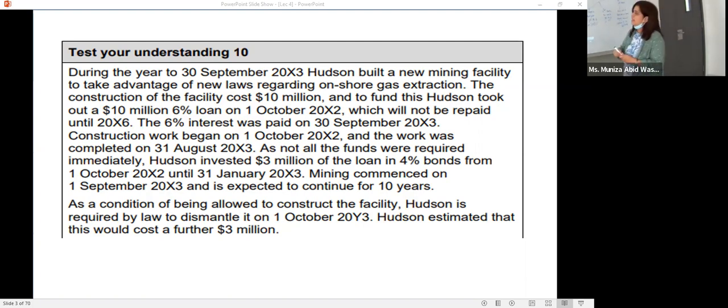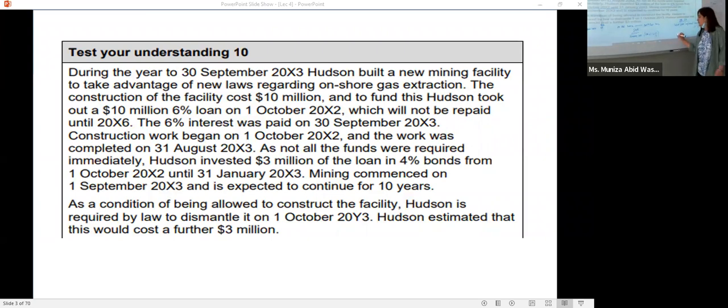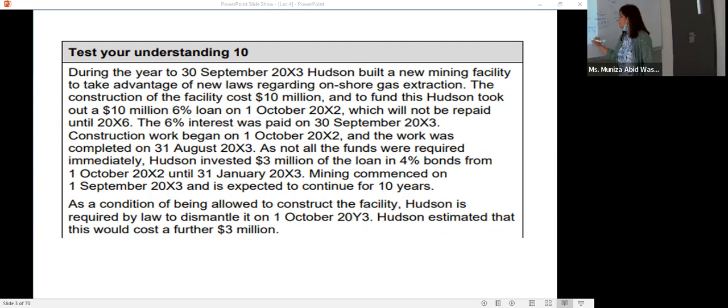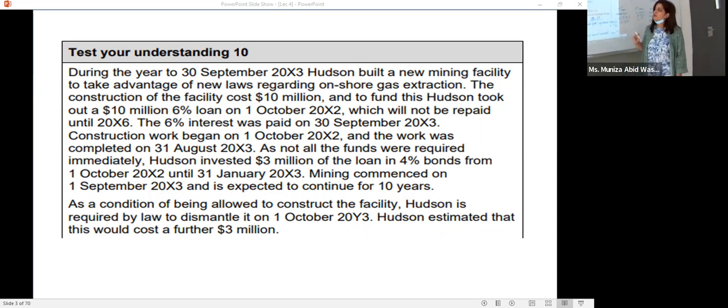How is it going to be done? Hudson invested 3 million at 4% from 1st October 2002, the start of the year, until 31st January 2003. So this amount is going to be our interest income, interest received. It is also going to be deducted from the capital expenditure. How much is it going to be, students? 3 million multiplied by 4%. How many months? October to January: October, November, December, January.